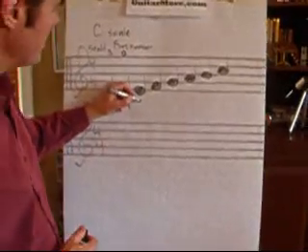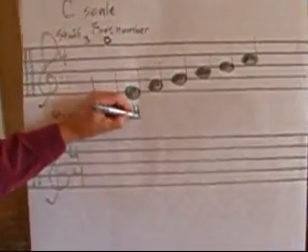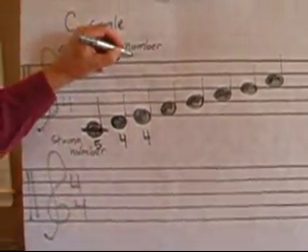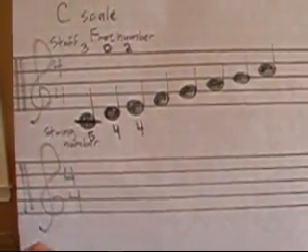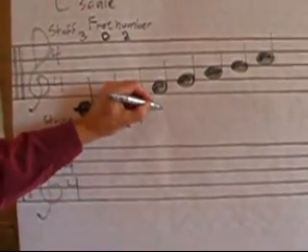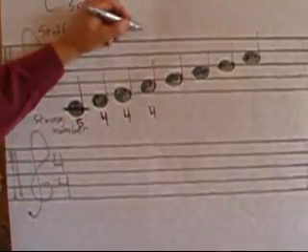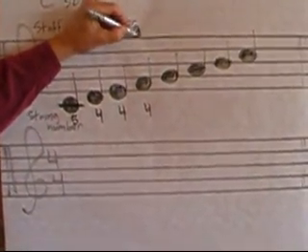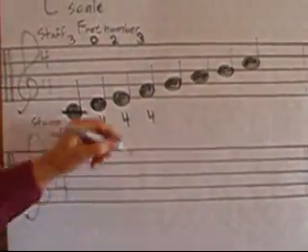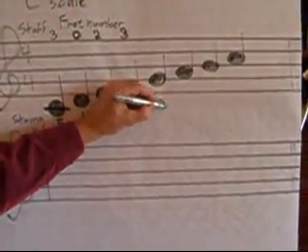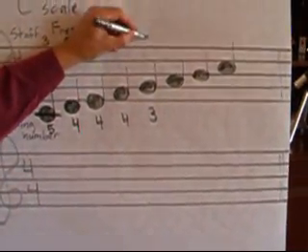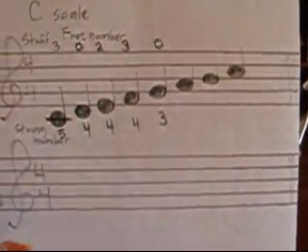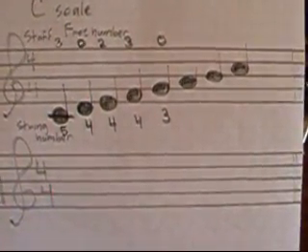The third would be on the 4th string, the 2nd fret, the 4th string, the 3rd fret, the 3rd string in the open position, in other words, not fretting any notes down.